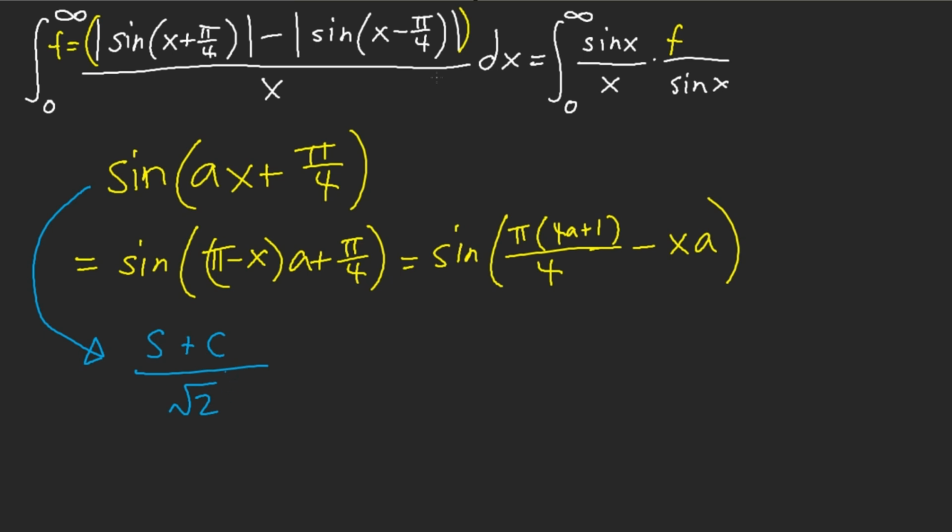So we have that. But here, from this, we have sine of this whole thingamajig, sine of pi over 4.